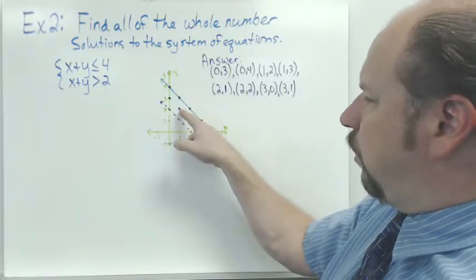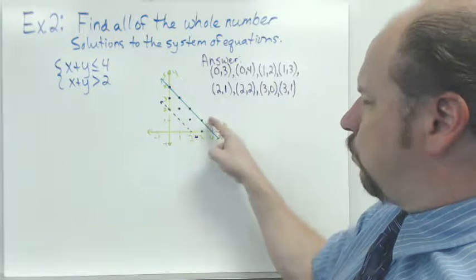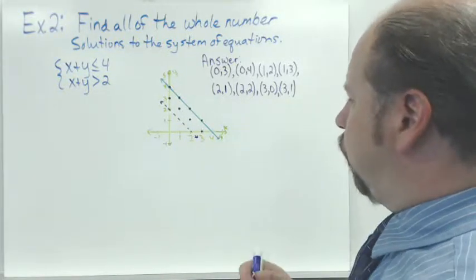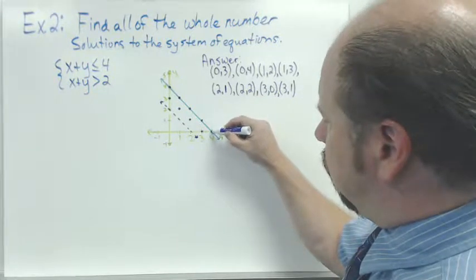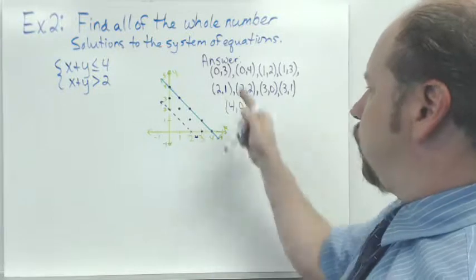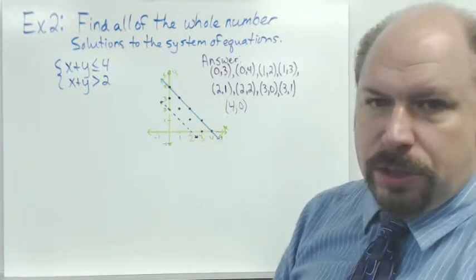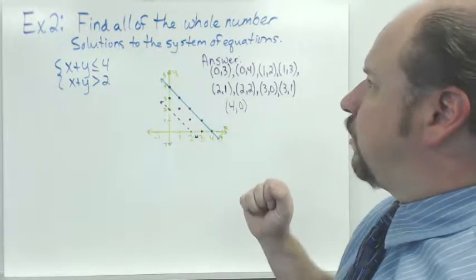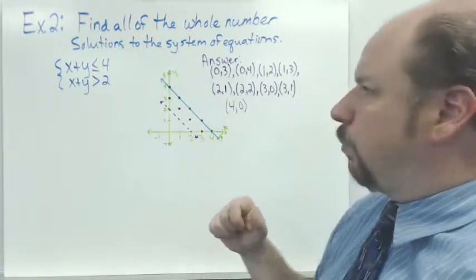Okay, so these two points would work, these two points would work, and I notice now I missed one other point. The point (4, 0) would also work. So here is our list of points that would satisfy this stipulation of they have to all be whole numbers.